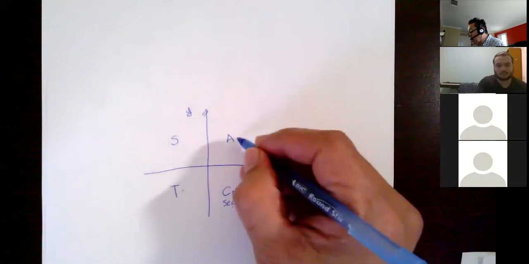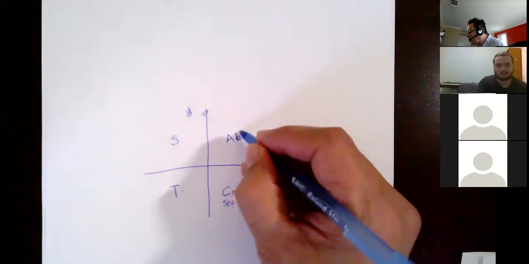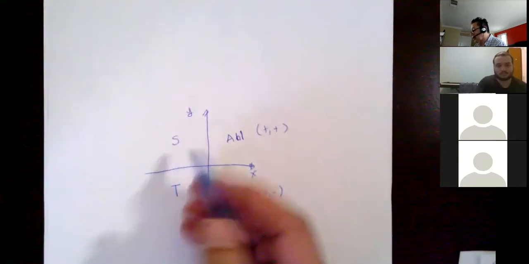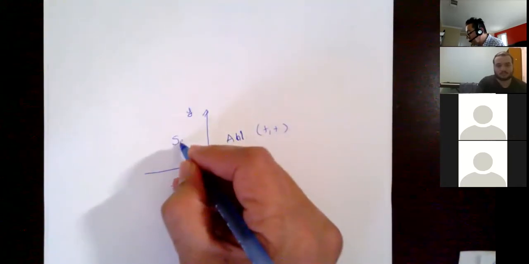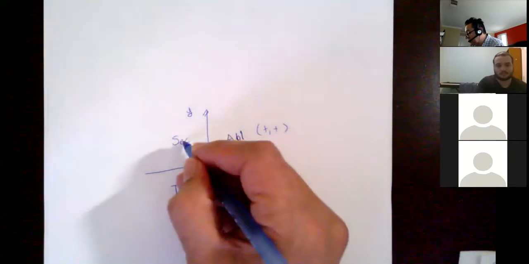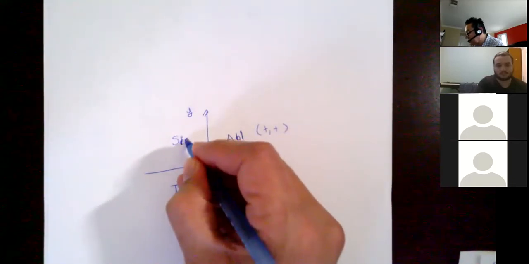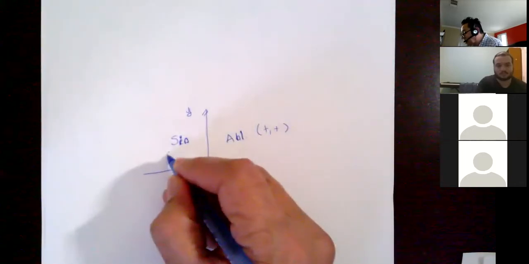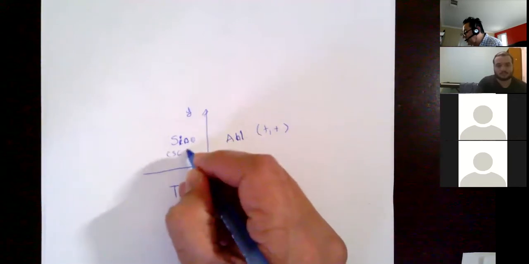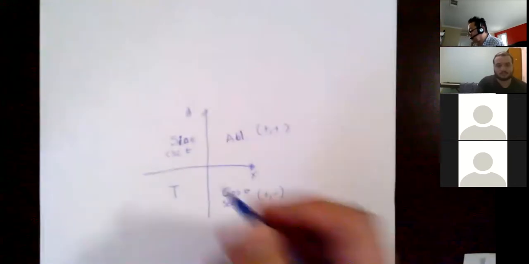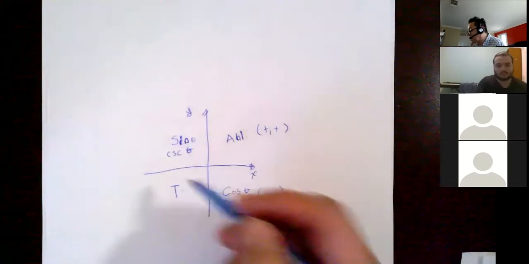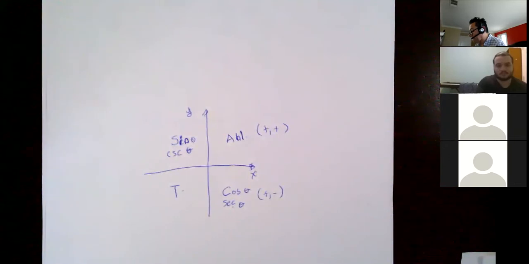In quadrant 1, all of them are positive. In quadrant 2, the sine and cosecant are positive.